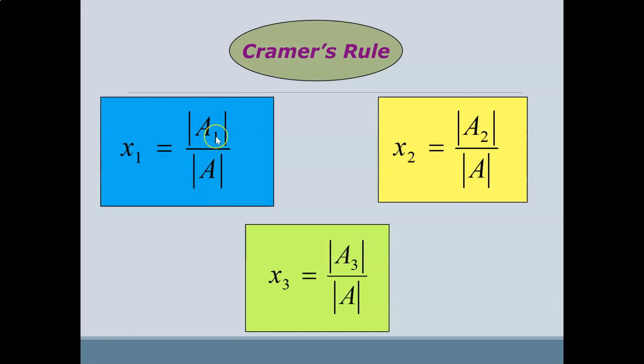Originally we have A, but now we have A1 because we replace the first column with the entries of B. To find x2, we have the determinant of A2 divided by the determinant of A, because the second column of A is replaced with the entries of B. And for A3, the third column is replaced with the entries of B. So we have three formulas for x1, x2, and x3, all divided by the determinant of A. Only the numerator changes.